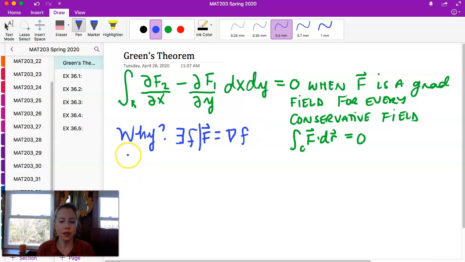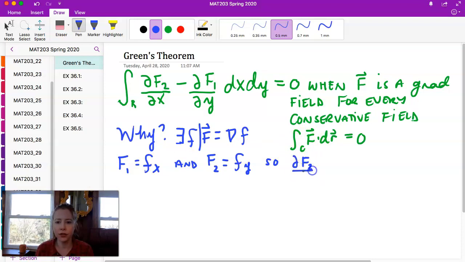That means that our x component, f sub 1 of our field, is equal to the partial derivative of our potential with respect to x, and f2, the y component of our field, is equal to the partial derivative of our potential function with respect to y. So in that case, del f2 over del x is equal to f sub yx.